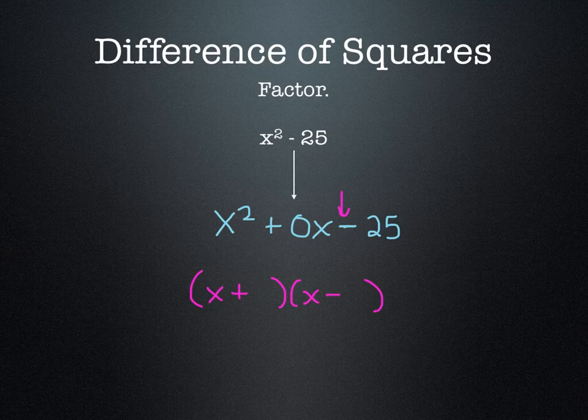And what I'm looking for is 2 numbers that multiply to 25 and subtract to 0. Remember, subtract, because when you add a positive and a negative, it's really like subtraction. So for 25, that would be 5 and 5. And so this is the factored form of that, okay?